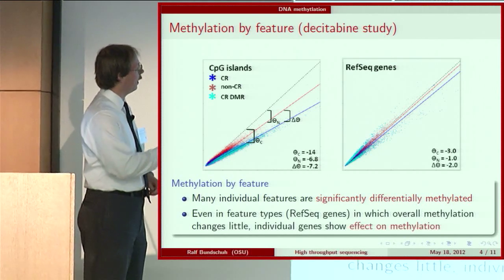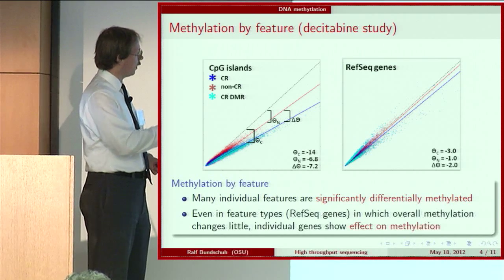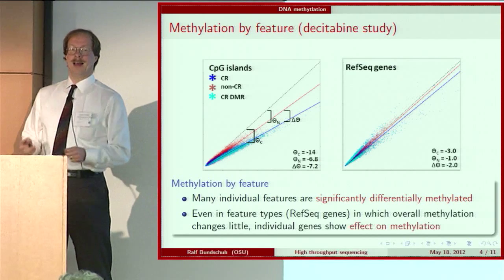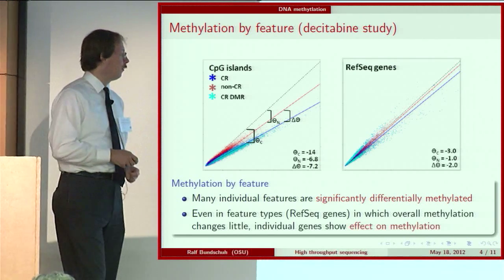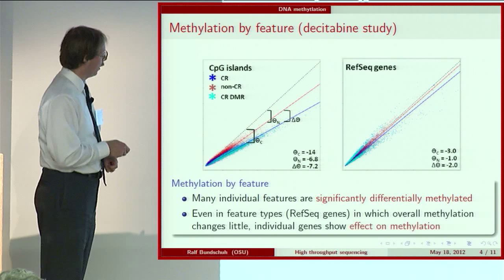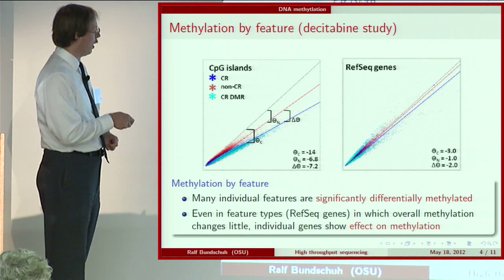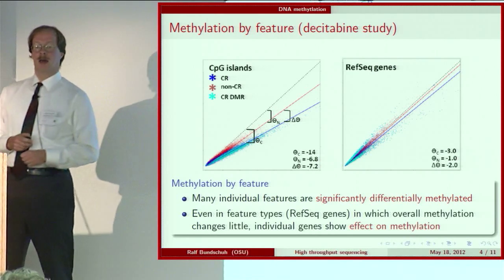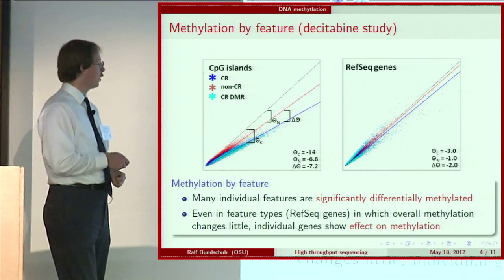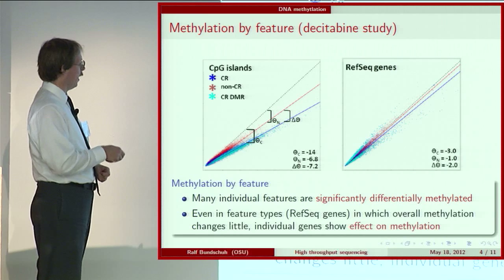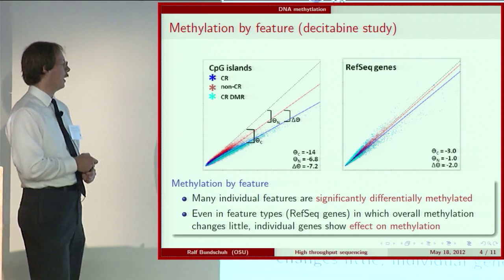The black line here is the diagonal. If the dots were along the black line, that means nothing changes between before and after treatment. If you have something below the line, then the methylation is lower after treatment than before. So you have hypomethylation, and if you had something up here, you get hypermethylation.